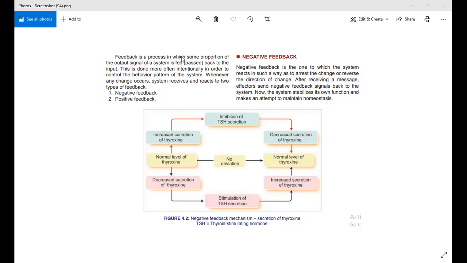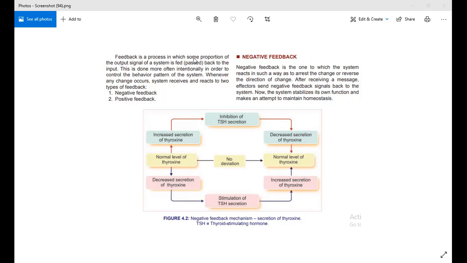So feedback is like receptors, the brain centers and effectors? Yes, that's what we talked about: the sensors or the detectors. After the detectors, we have the control center, and then the control center sends messages to effector organs. So that is the homeostatic mechanism. That is the feedback mechanism.